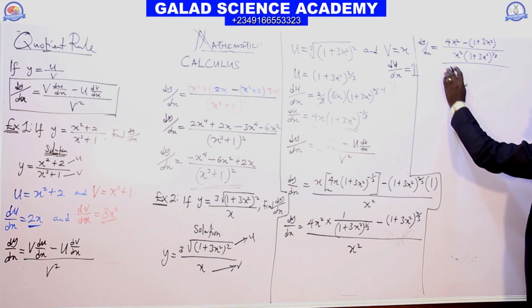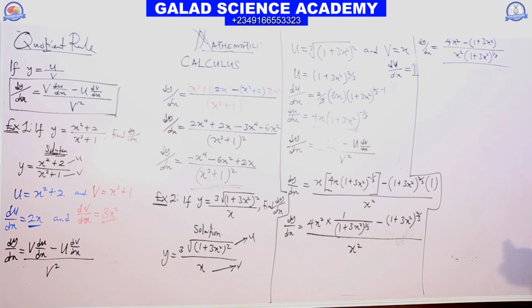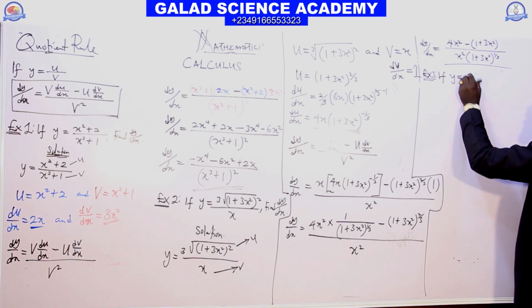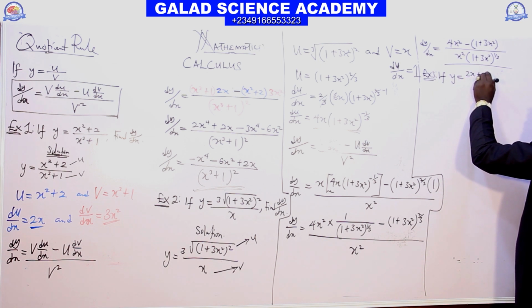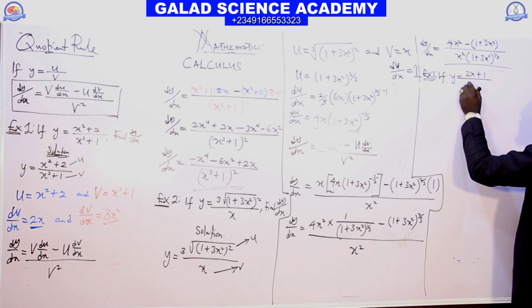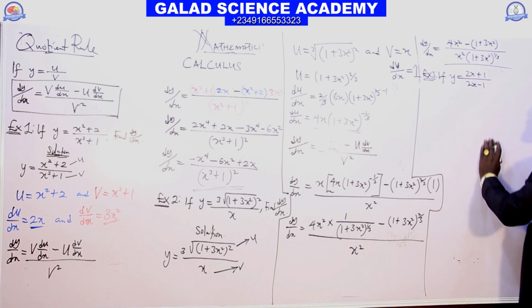So this will be the final answer, equal to 2x plus 1 over 2x minus 1.